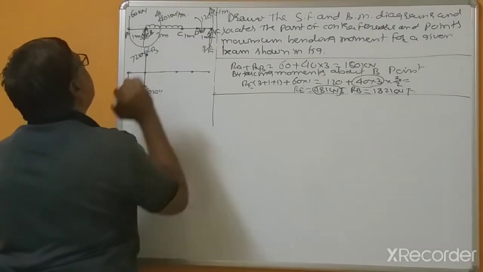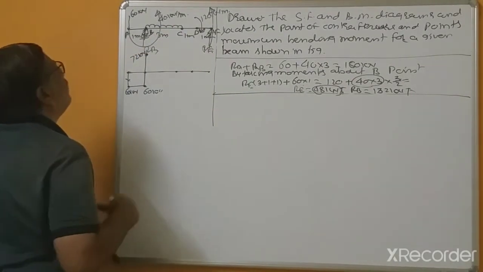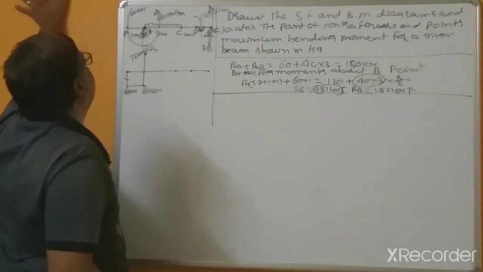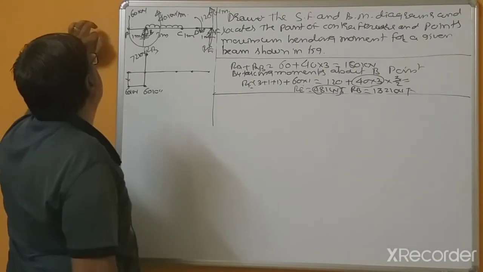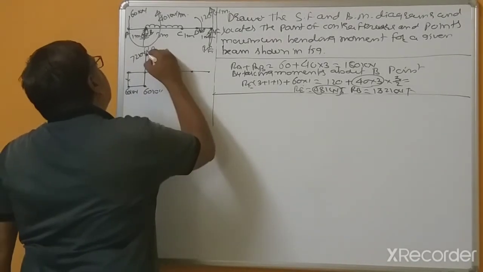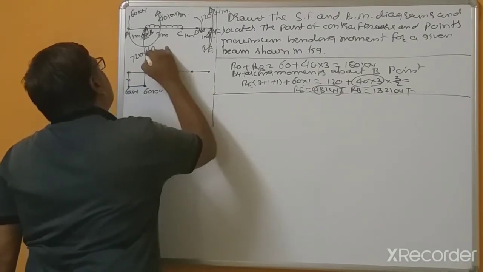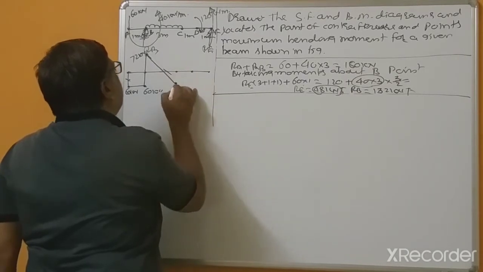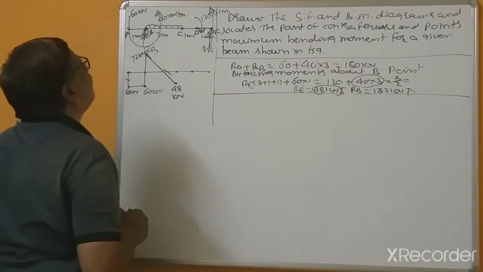Now this is uniformly distributed load, 120 minus, so this is an inclined line. Intensity 72 minus 120 is 48 kilonewton.